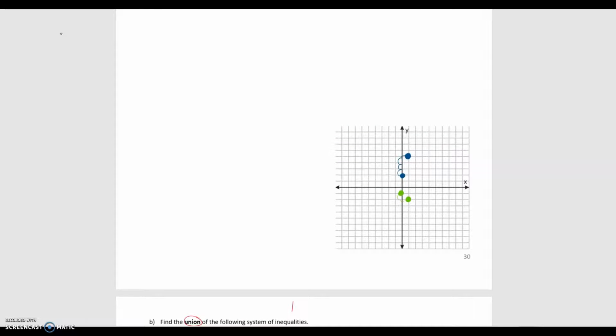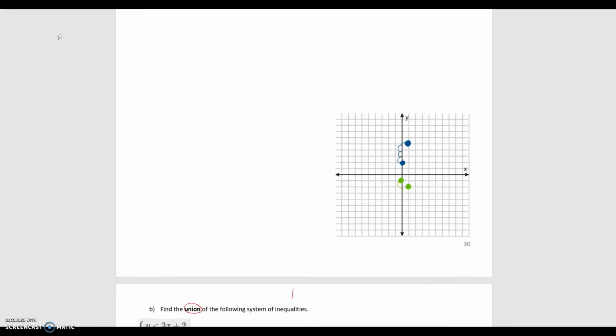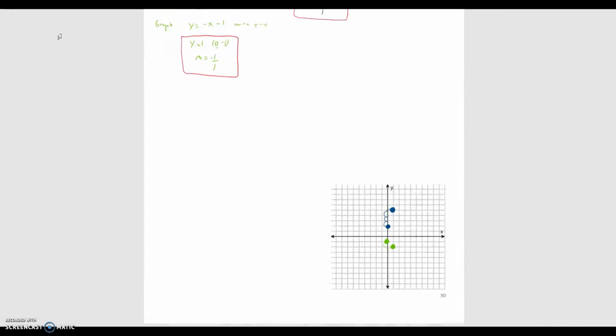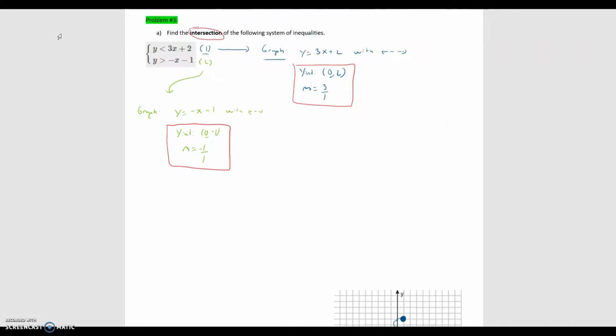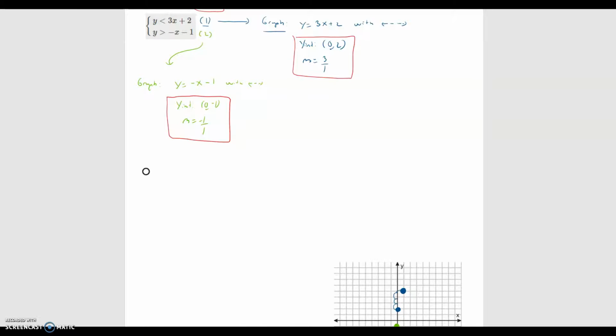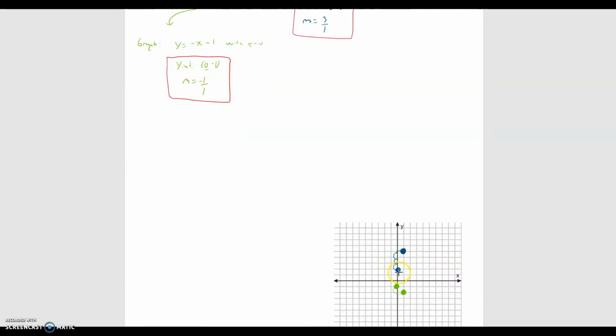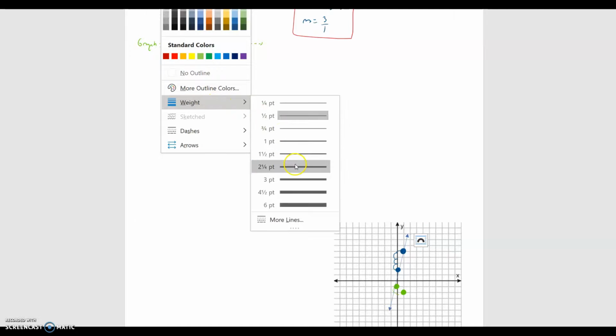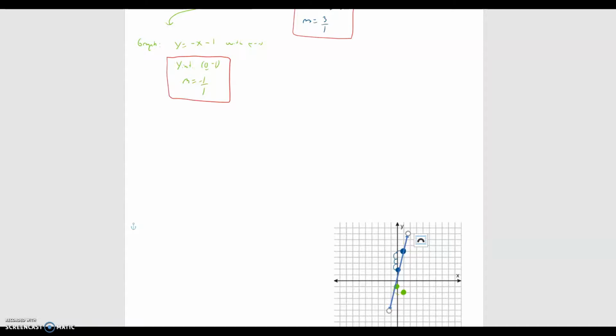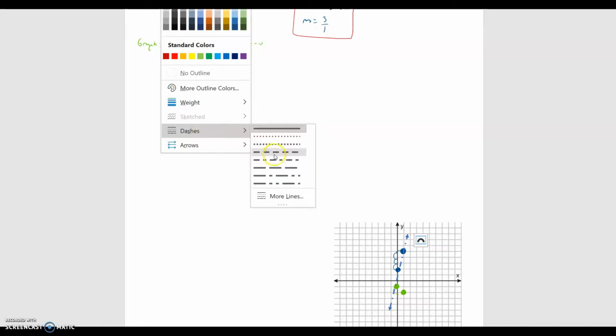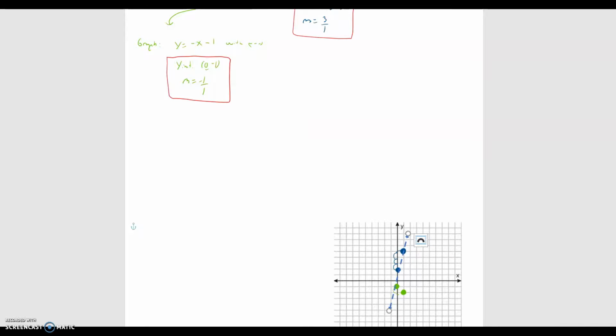Okay, so let me insert both of the lines. And remember that the lines are dotted. Let me change the actual weight on it and then also make it dotted. In this case, that's our first line.